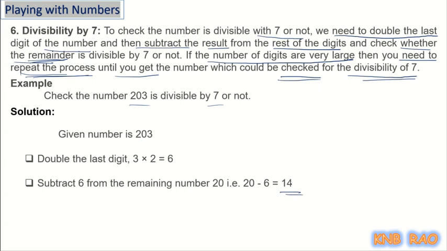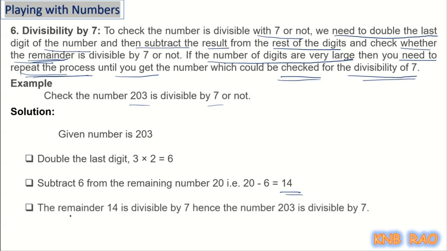Now we can check whether 14 is divisible by 7 or not. We can stop the process in one step. Since 14 is divisible by 7, this 203 is also divisible by 7.